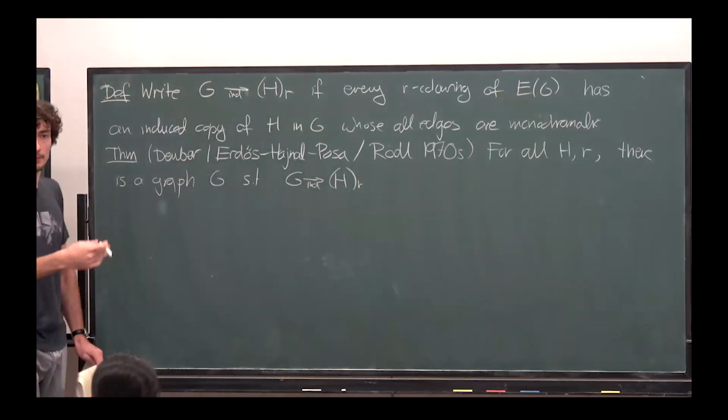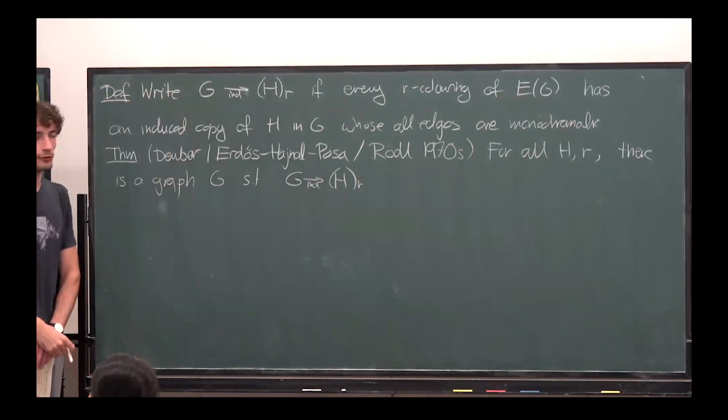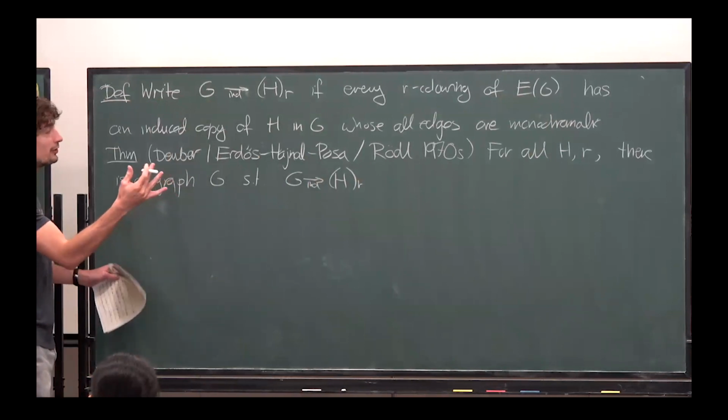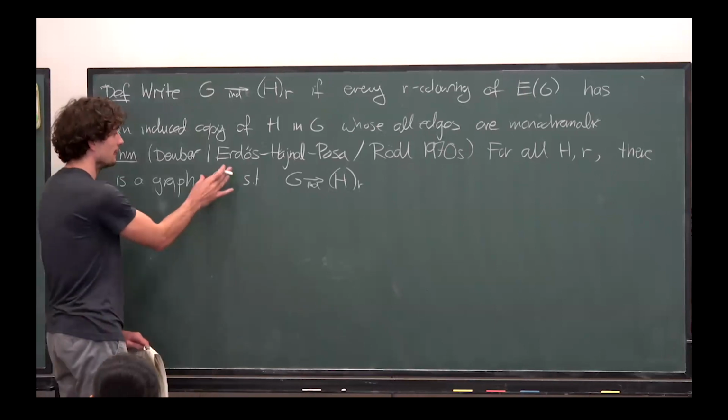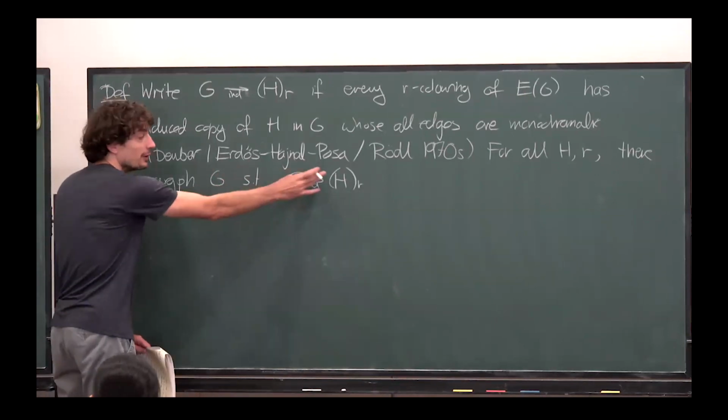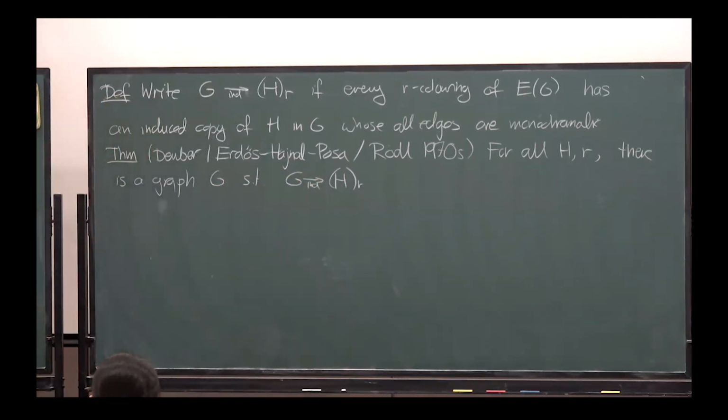And they gave some explicit constructions for which these graphs were really, really enormous. And there was some interest in getting bounds on G in terms of H and r. For usual Ramsey numbers, the bounds are exponential in the number of vertices of H, well, for general H, and if H is sparse, then you can get much better bounds.